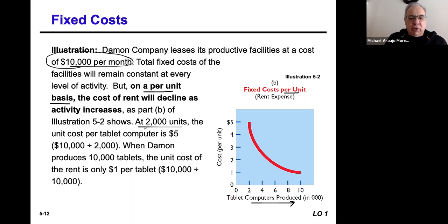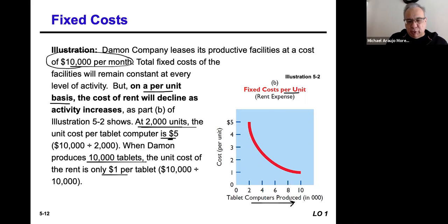If they only produce 2,000 units, that means each tablet costs $5 in that fixed cost per month, because you've got 2,000 units divided into the $10,000 rent, $5 per unit, literally. However, if you're producing 10,000 units and you're spending $10,000 on rent, each unit is going to be roughly $1 per unit in rent or fixed cost in that regard. So that's the inverse relationship here.